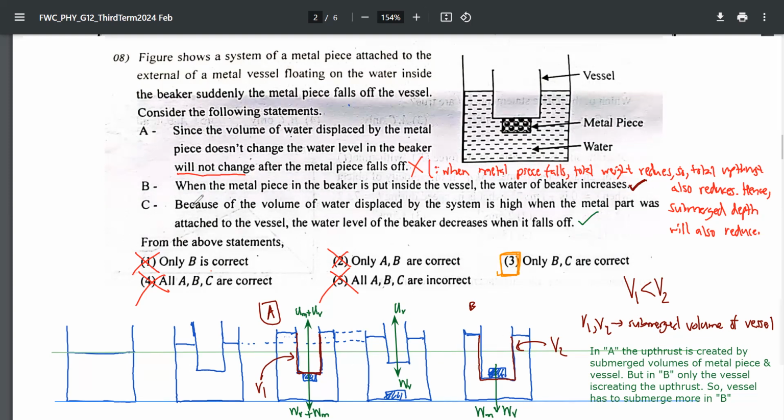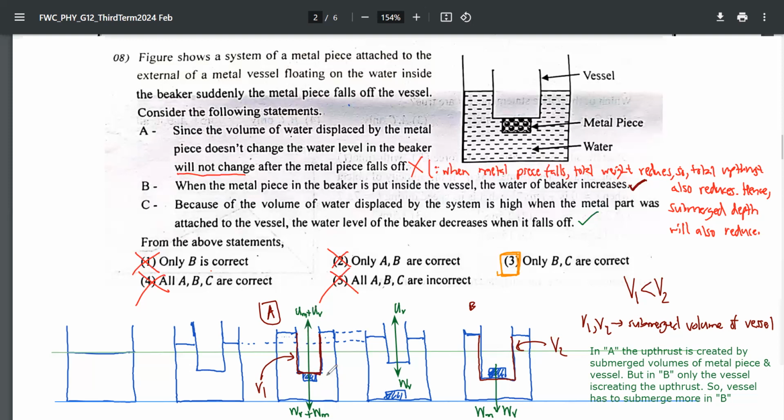Okay. And the last statement, B: when you put the metal piece inside the vessel, the total weight is still the same. When you compare diagram A and diagram B, you can see the total weight is still the same. What is the total weight? The weight of the metal piece and the weight of the vessel. But in diagram A, the metal piece is also surrounded by water, so its submerged volume is also contributing to upthrust.